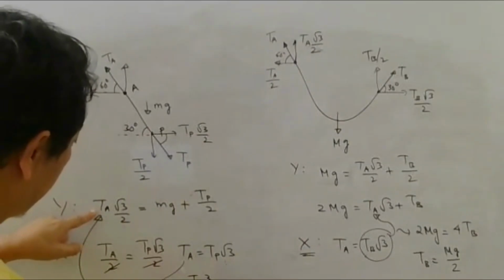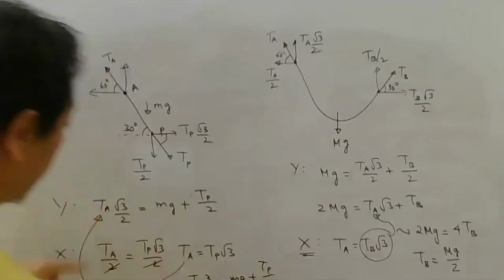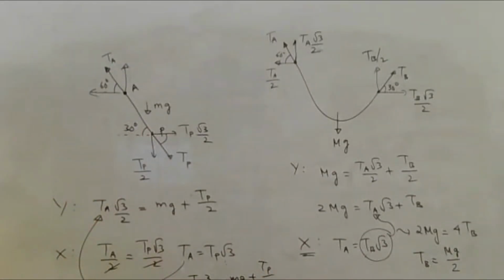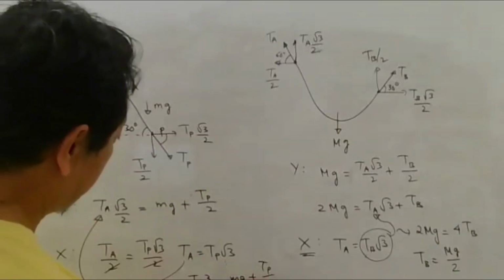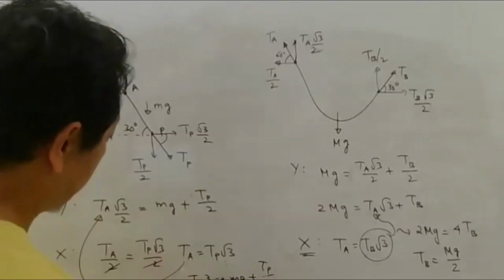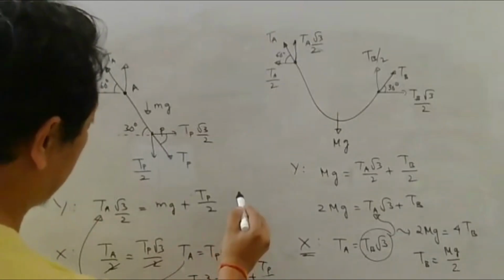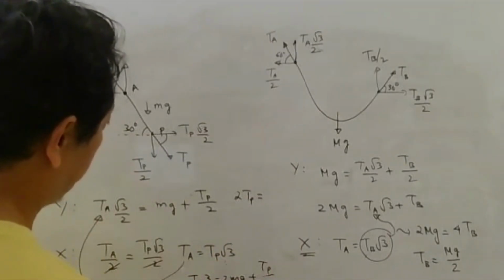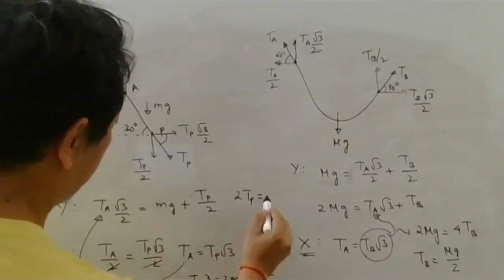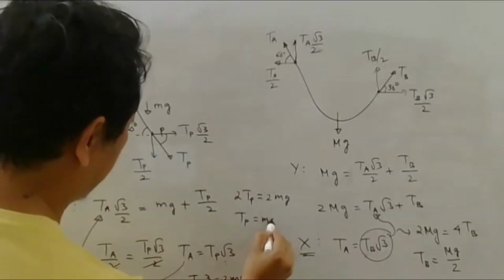TP 3 by 2 equals mg plus TP by 2. Then multiply with 2. Then bring this one this side. So you will get 2 TP is equal to how much? 2 mg. So TP will be mg.